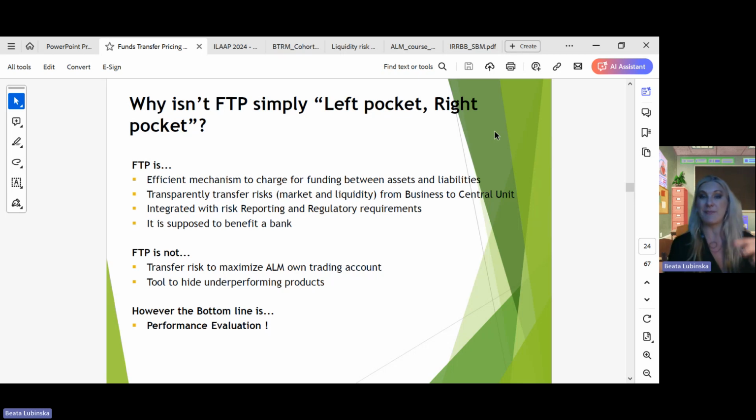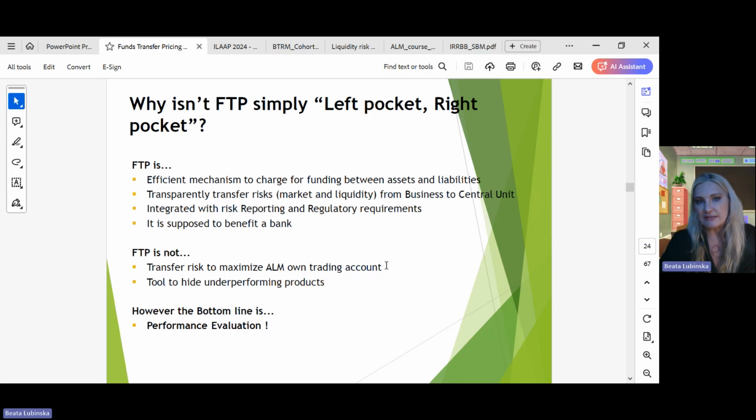Remember, FTP is a mechanism, a process, a number of different processes, procedures, methodologies, frameworks, standards and policies which come together as FTP. It's not only one rate, it is much broader than that. So it is a mechanism to charge for funding between assets and liabilities. That's a very important definition.